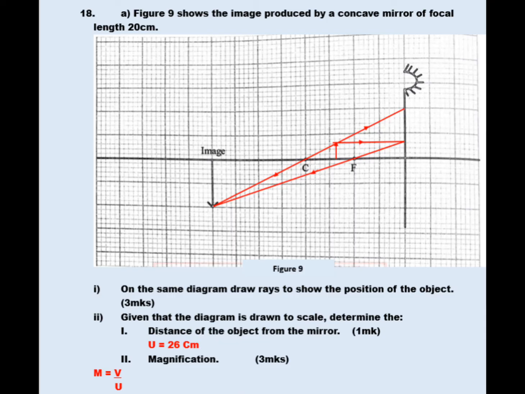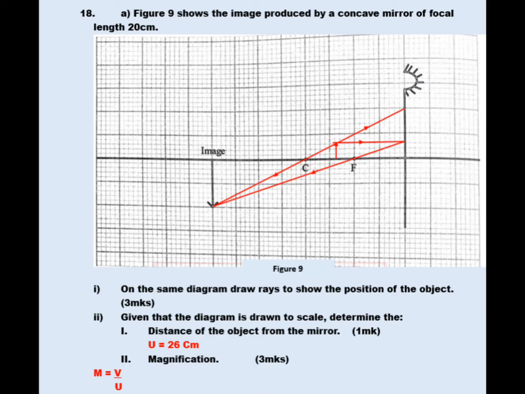So given that the diagram is drawn to scale, determine the distance of the object from the mirror. We are told this diagram is drawn to scale, and we are also told that the focal length is 20 centimeters, which is already 2 squares. So the object distance will be, you count the number of squares, 21, 22, 23.